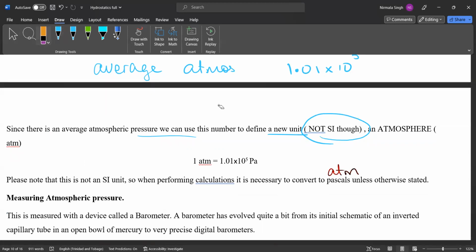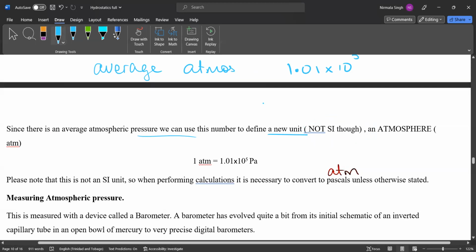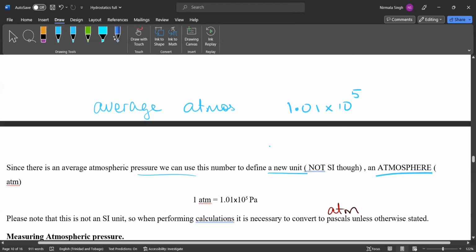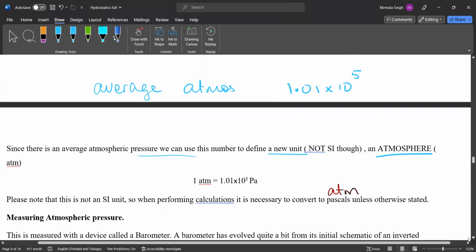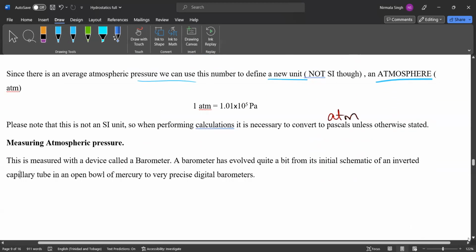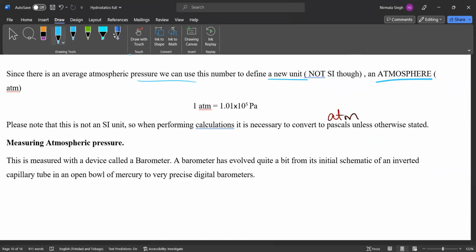But we do use it sometimes. So we have a new unit to look at, and this is called an atmosphere, abbreviated ATM. So 1 ATM is equal to 1.01 by 10 to the 5 Pascal. So rather than writing out this value, I can say something is 1 ATM.